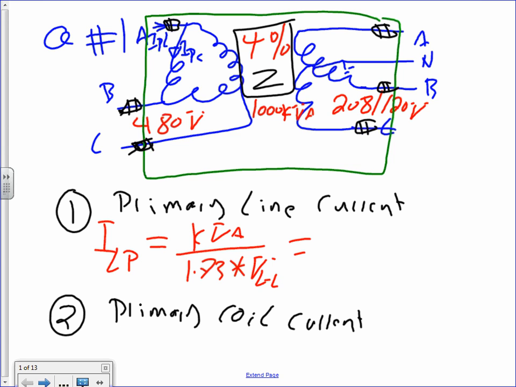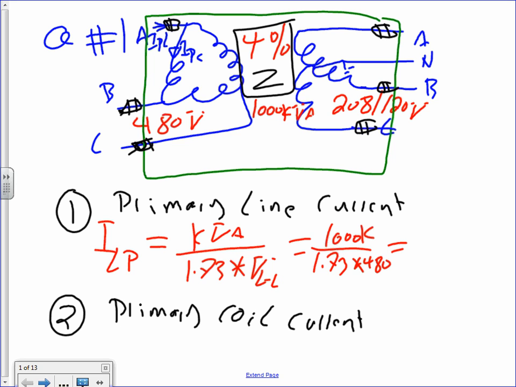Line to line. When you go there, what's my kVA? 1000 kVA. Divide this by 1.73 times the voltage, which is 480.